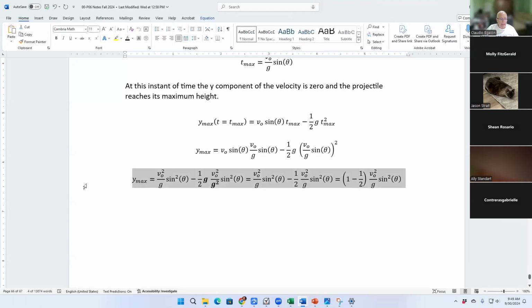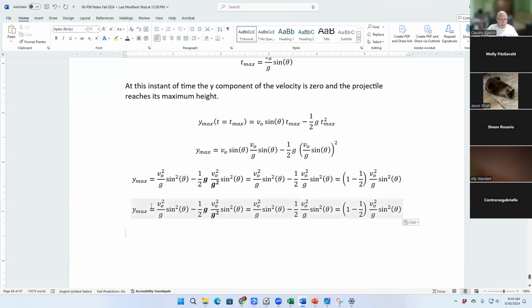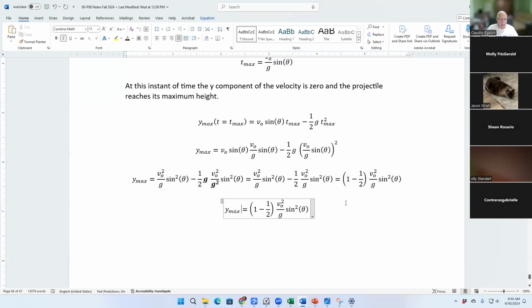So we finally have the final result. Max height is going to be half V naught squared over G, sine squared of theta.